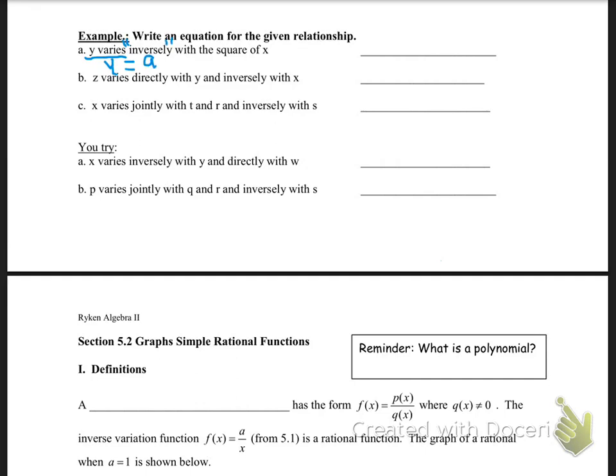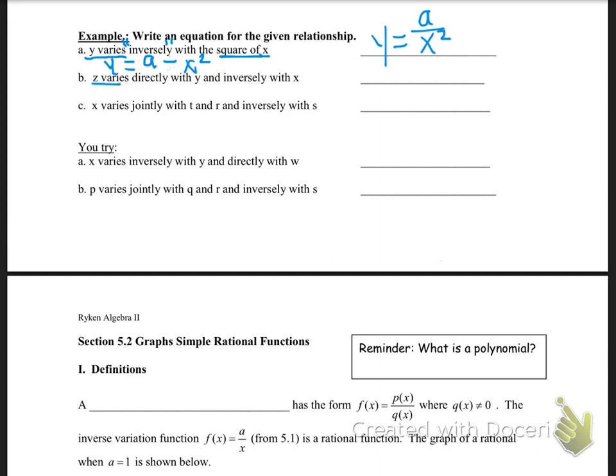That means a divided by whatever comes next, which in this case is the square of x. So that's x squared. Okay? So if I write it on the line as a ratio like our other ones, it's y equals a over x squared. You may be able to jump right to that. Great. If not, step by step.